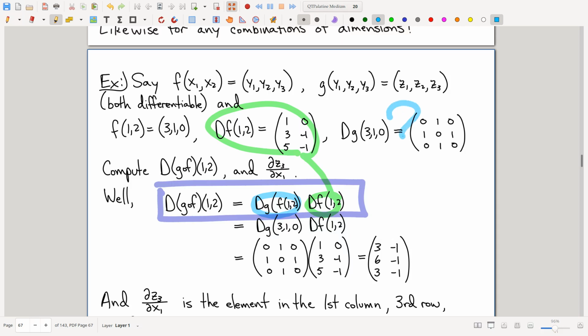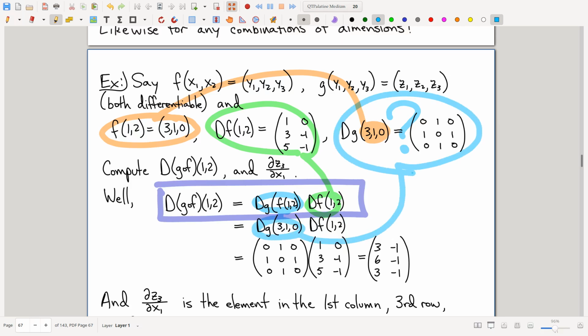I'm not clear that I have that. I do have a DG matrix given to me, but I need it to be at F of 1, 2. I have it at 3, 1, 0. So conveniently, of course, F of 1, 2 is 3, 1, 0, and that means that this thing that I need is this thing that I have.